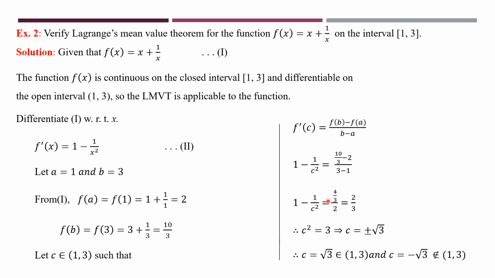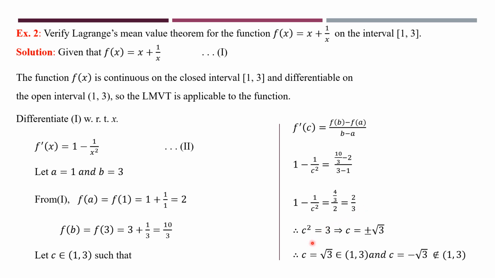Then 1 - 1/c² equals, cross multiplying, 3 into 2 is 6, then 10 - 6 is 4/3, and 3 - 1 in the denominator is 2. Simplifying, we get 2/3.